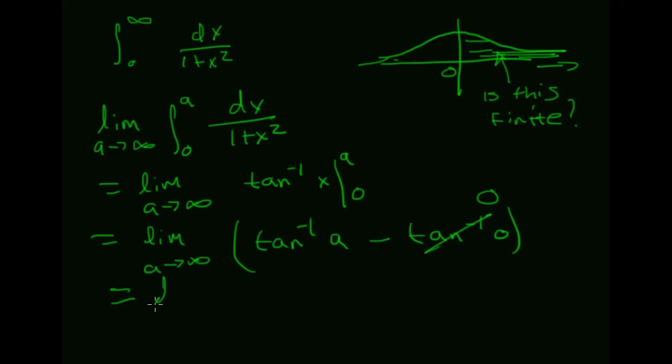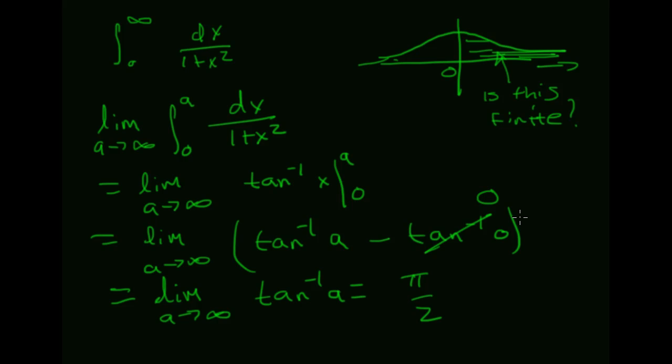So this is just the limit as a approaches infinity of the inverse tangent of a, which we know goes off to pi over 2. So believe it or not, the area under that curve from 0 out to infinity is simply pi over 2.